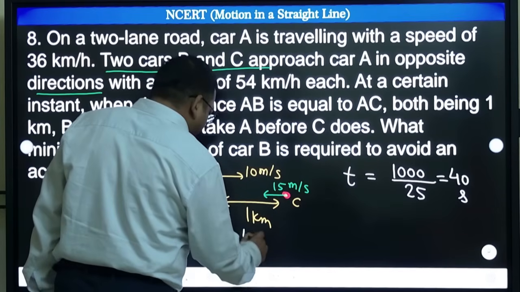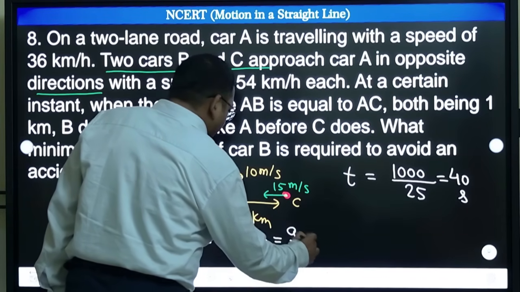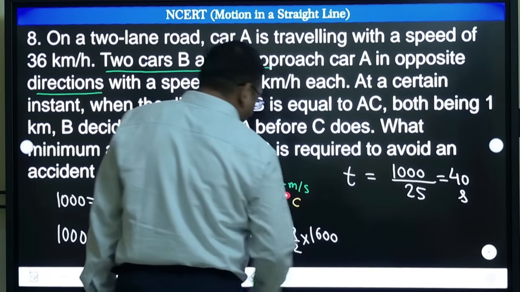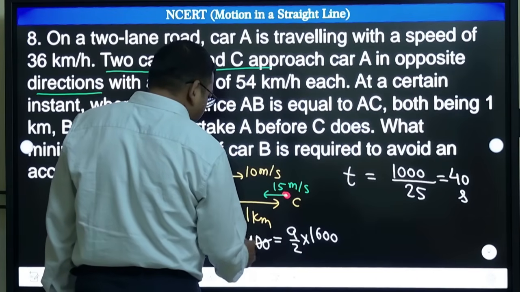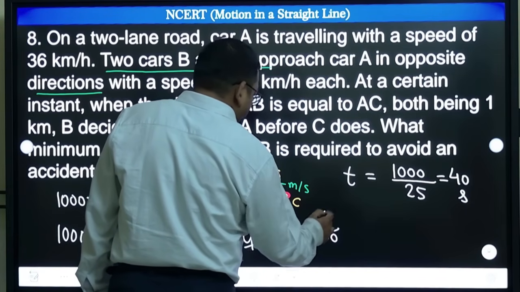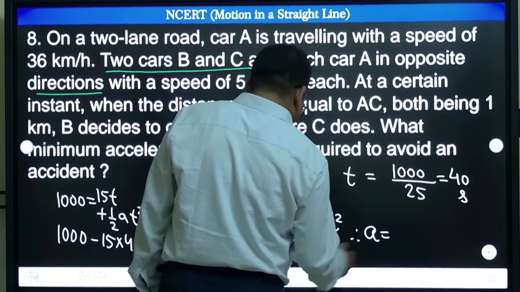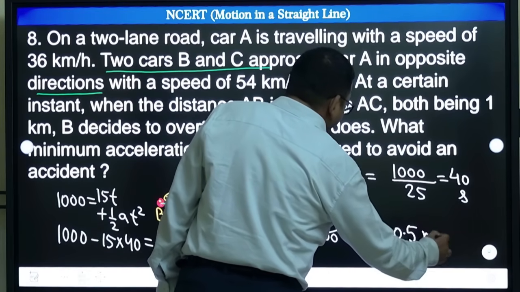So okay, let's start this. 400 is equal to a by 2 into 40 into 40 means 1600, correct? 1600. So from here, if you cancel out this 400, 4 times, and you can cancel this with 2. So acceleration will come as 1 by 2, 0.5. 0.5 meter per second square.